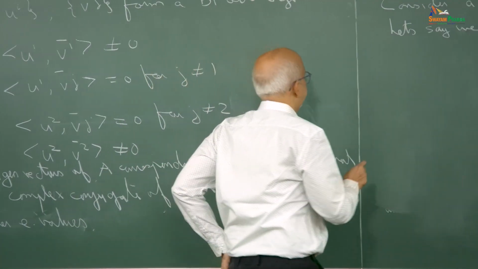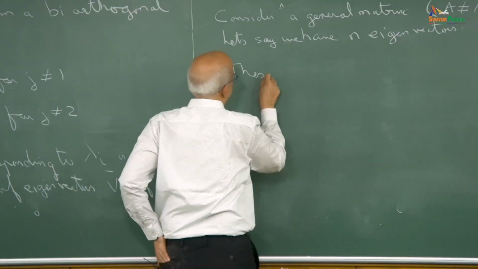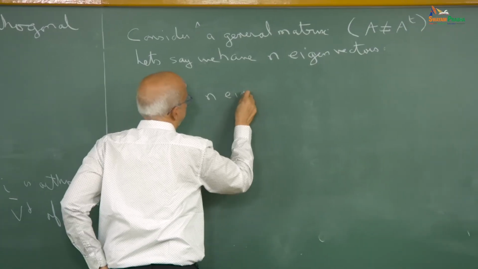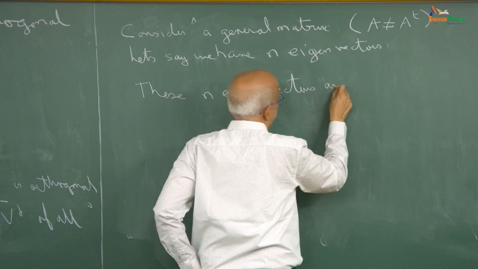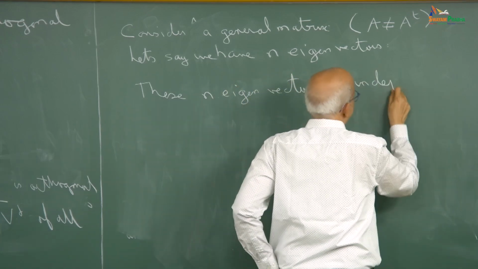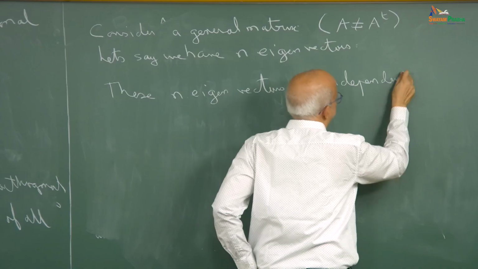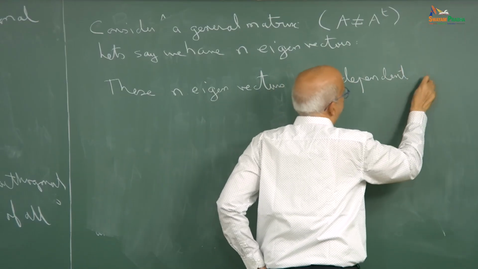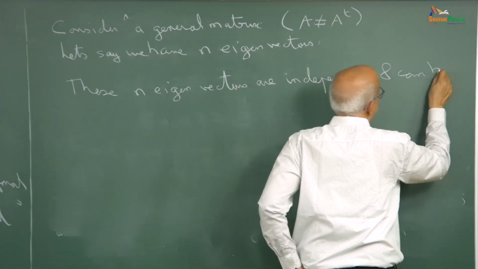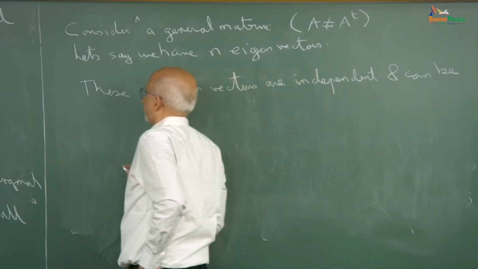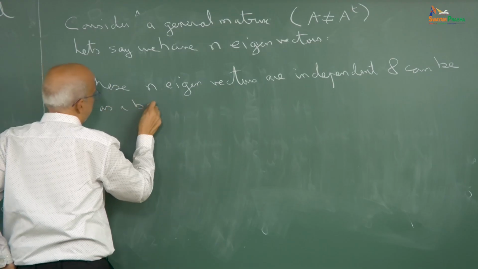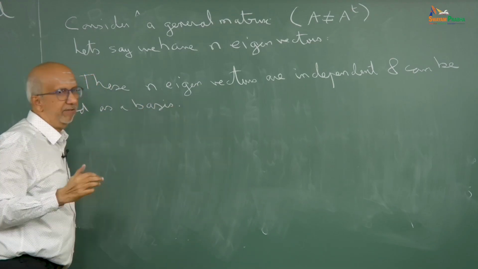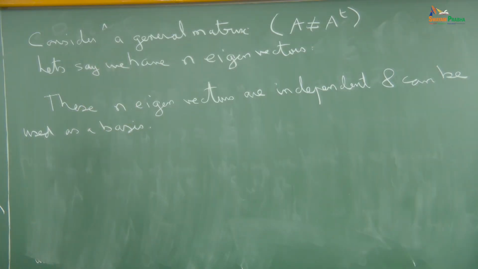So, therefore, these n eigenvectors are independent and can be used as a basis, which means any vector in Rn can be expressed as a linear combination of this basis.